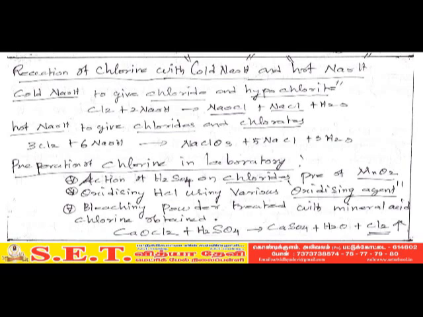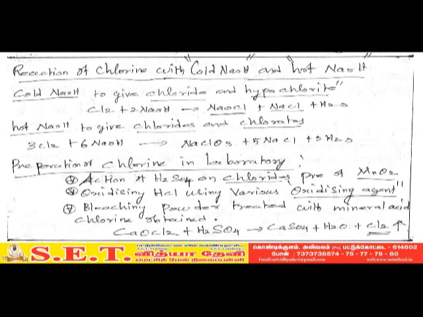Its equation is given: Cl2 reacts with 2 NaOH to give NaOCl, NaCl and H2O. NaOCl is called hypochlorite. Chlorine reacts with hot NaOH to give chlorides and chlorates. Its equation is given: chlorine reacts with base to give sodium chlorate and sodium chloride.